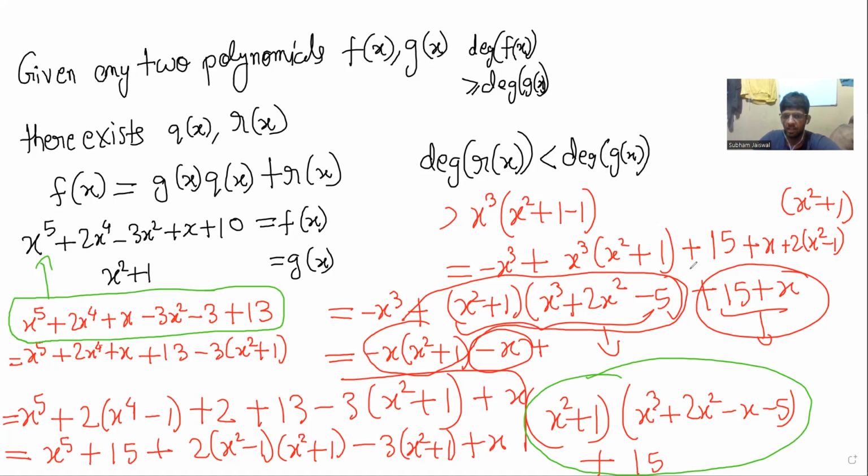And so this is your quotient, this is what you're dividing by, and this is the dividend. This is what you would get if you try to do it by long division, unless there are some silly mistakes I've made. Hopefully not.